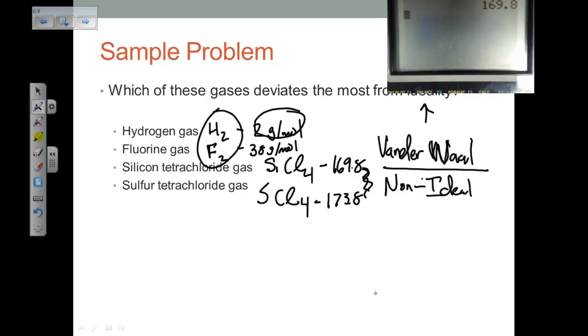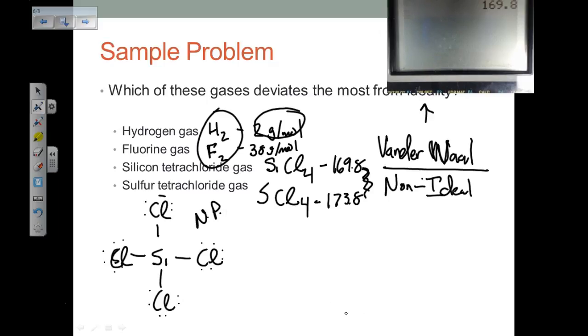What we can do is we can determine which one is polar. So if we draw the Lewis structure of silicon tetrachloride, and I'm leaving off the unshared pairs of electrons, I'll put them in there. Okay, chlorine has unshared pairs of electrons like this. Okay, what is that? That is a tetrahedral nonpolar molecule.